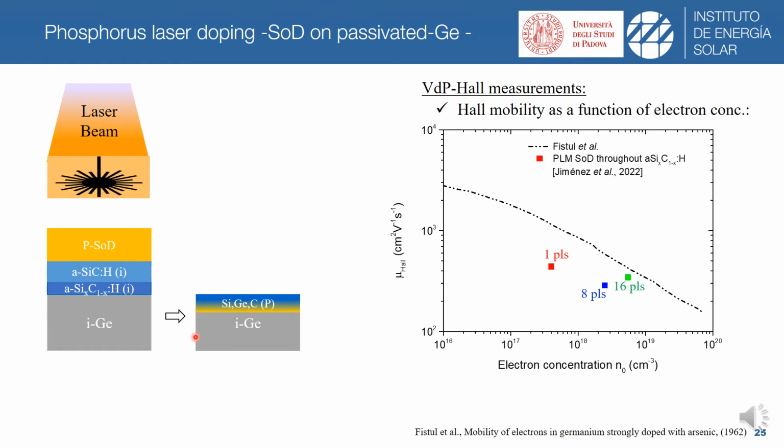Even though we expect a slightly lower Hall mobility because of the silicon and carbon introduction into germanium as compared with pure germanium, you can see that the 16 pulses condition is very close to the experimental relationship demonstrated by Fistol, but in the case of 1 and 8 pulses it is very far away from its theoretical expected value. This means that for these two laser conditions, most probably laser-induced effects have been created, and that's why there is a higher scattering of carriers.